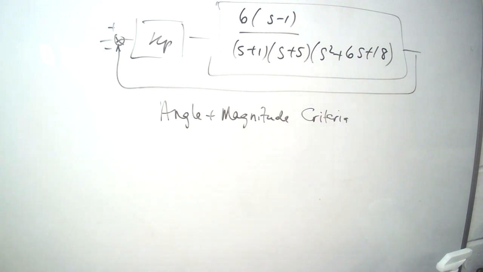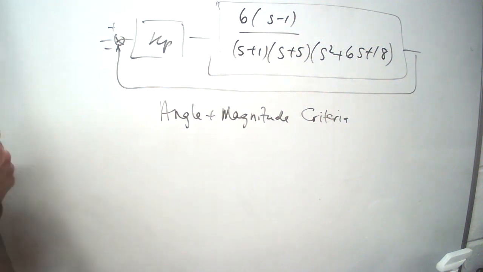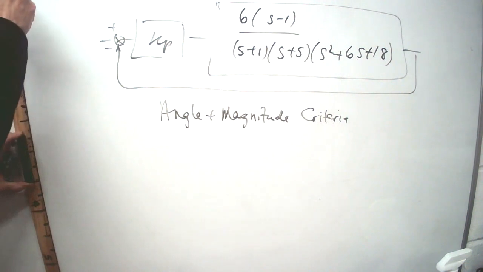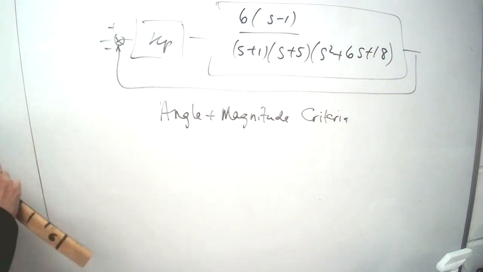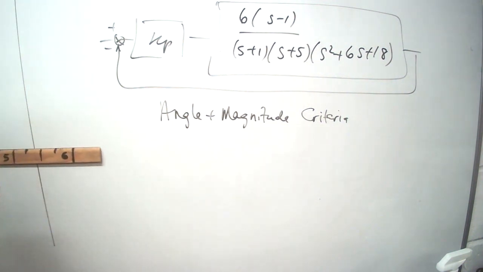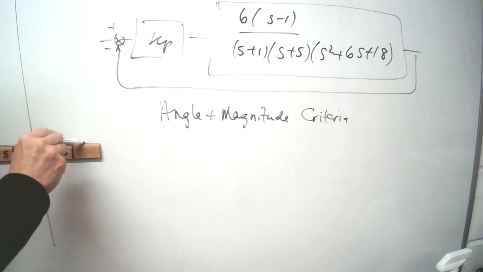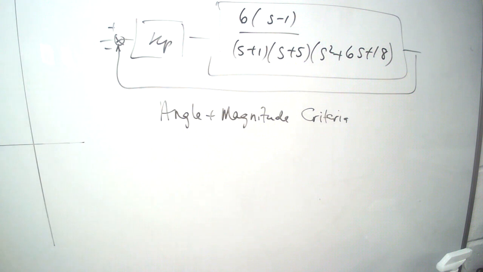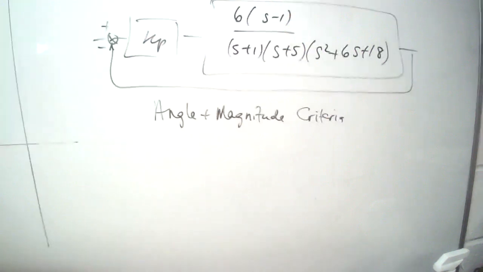So, in order to do this now, we'll have to go back to our root loci sketch, which I'm going to make a little bit smaller, I think, than I did before, because it was too big. So let me just have a quick look at this. I'm just going to do a quick root loci sketch.